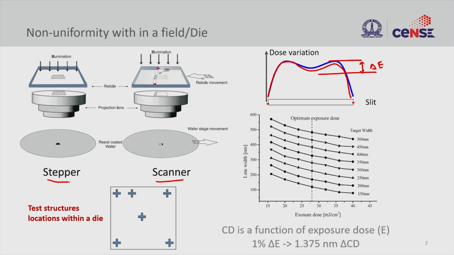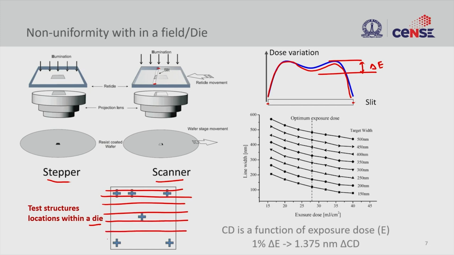So if I take a simple die here and I'm scanning this slit, this slit is going to give you a certain dose over this wafer.